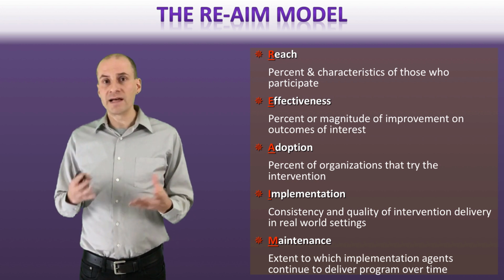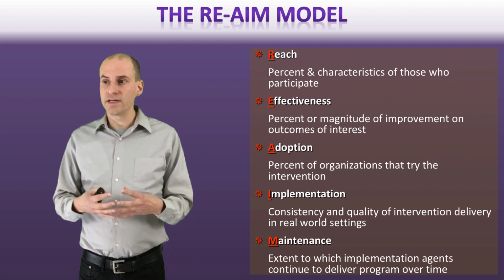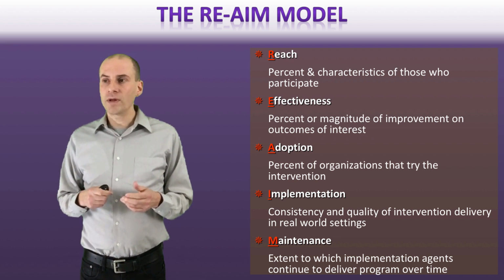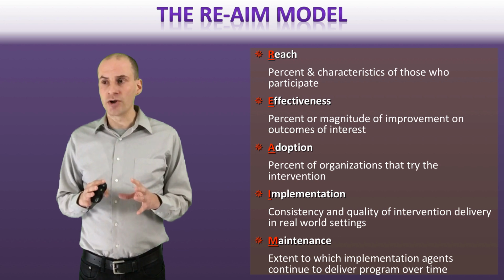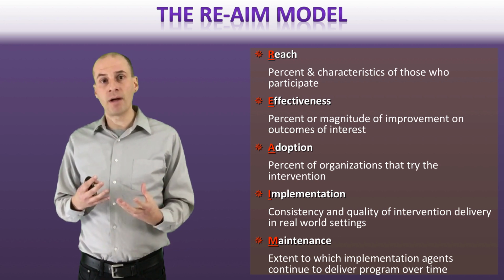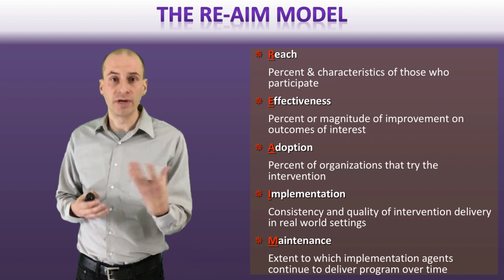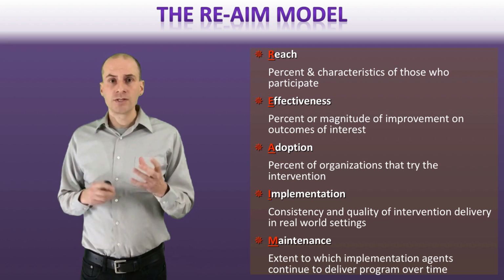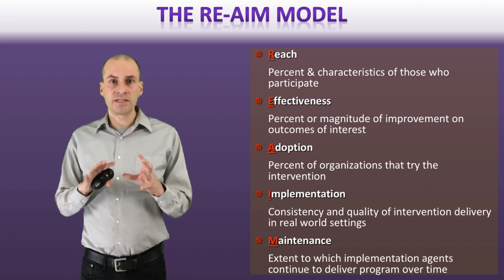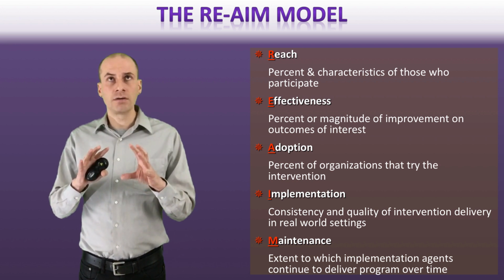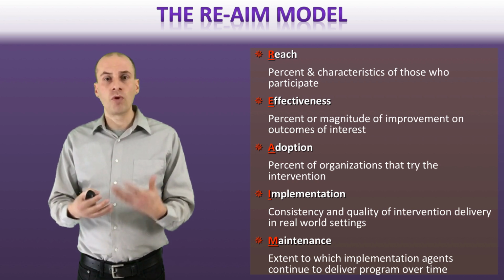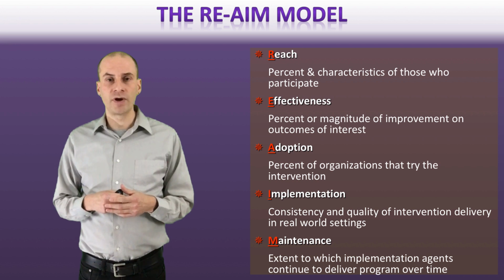So Glasgow et al. created this framework, which is called the RE-AIM model. So what this essentially argues is that there's 5 components that really determine whether or not a public health intervention is actually going to be useful in real practice. So it starts out with the idea of reach. Reach is essentially measuring the extent to which a public health intervention will reach a large number of people, right?